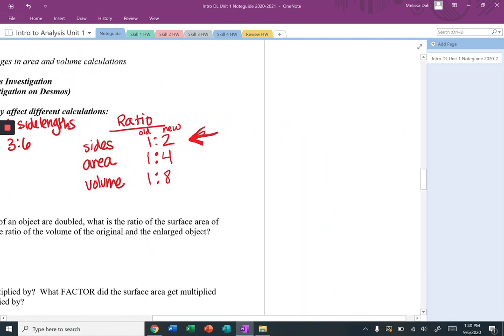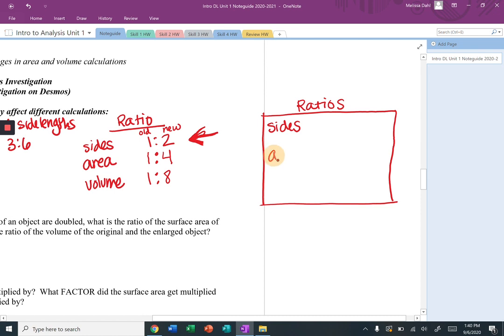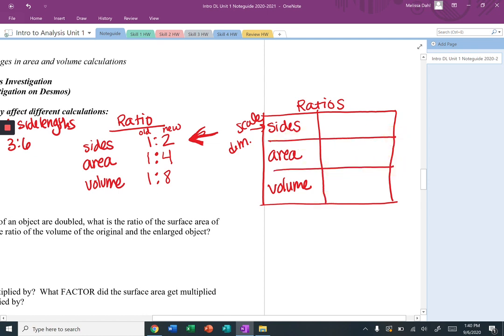In the investigation, we used actual examples to see patterns, but here I'm just summarizing the patterns, and the patterns are ratios. They're not actual numbers, but they relate the side ratio to the area ratio and to the volume ratio. And we call that side ratio scale factor sometimes, or dimensions. So don't lose track of that. And then we have an old compared to a new.